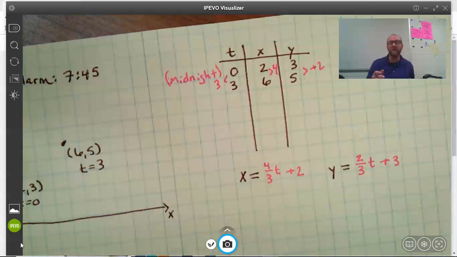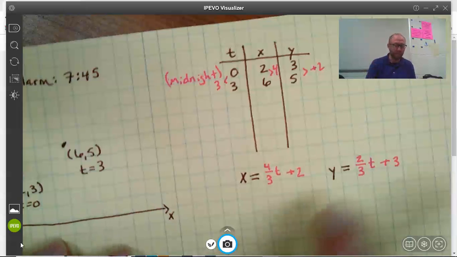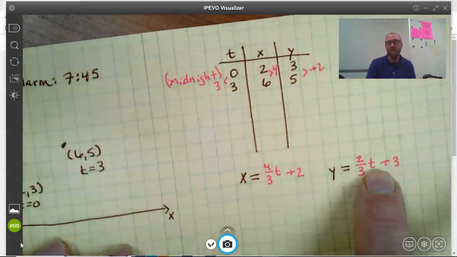We just need to plug in 7:45. Of course, the problem with 7:45 is that that's the time on the clock. And we need to figure out, first of all, how many hours since midnight? That's 7 hours and 45 minutes since midnight, but I can't plug in 7 hours and 45 minutes for t.